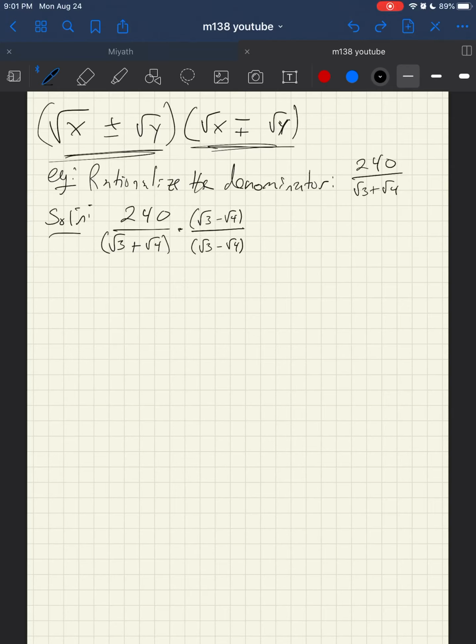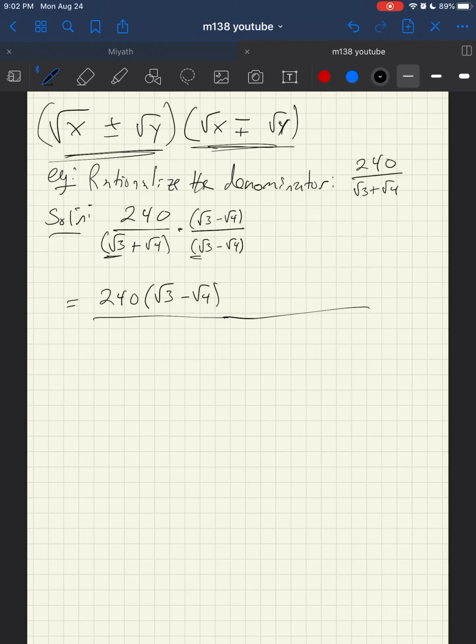Now the numerator is basically done. We've got 240 times root 3 minus root 4, whatever that is. I don't really care what that is. Now the bottom, I'm going to FOIL this out. This is going to take a little longer than might seem strictly necessary, but this is just so you remember how this works.